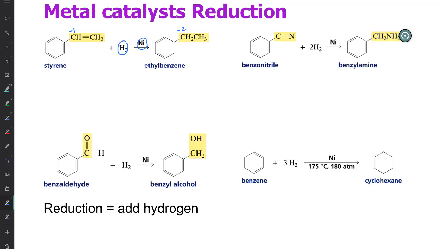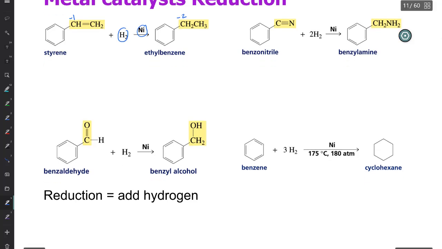So for nitriles, we can do the same thing. Again, you can use lithium aluminum hydride for that. And then for aldehydes, there's a number of other ways to do it. But for metal catalysts, typically we're talking about nickel or palladium.